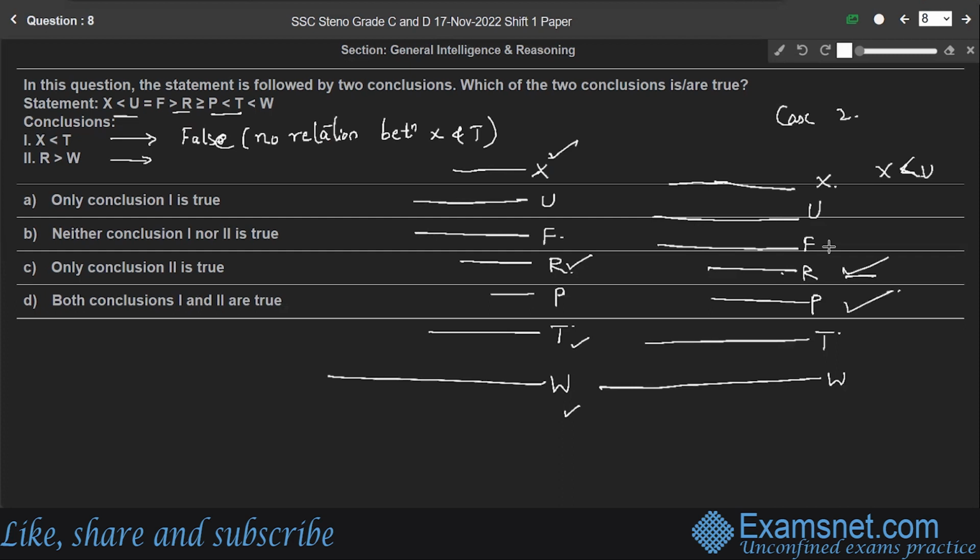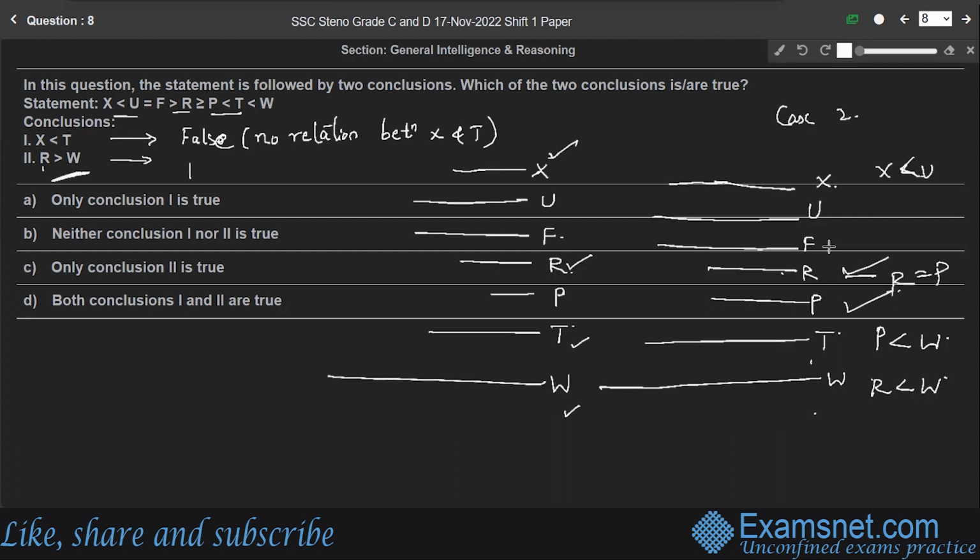P less than T less than W means P is strictly less than W. That means since R is equal to P, R is also strictly less than W. It is given that R is strictly greater than W in the second conclusion.